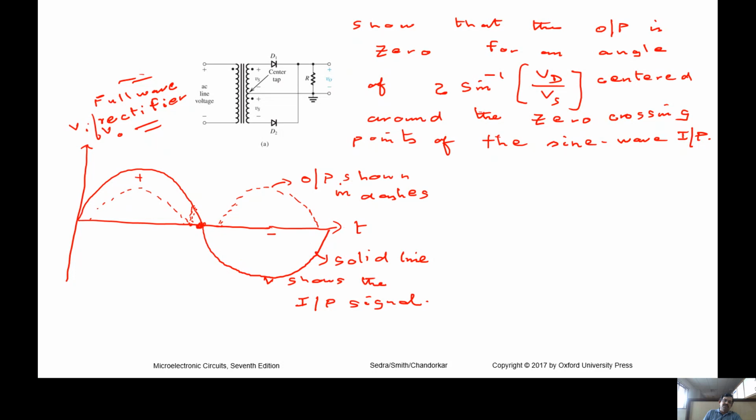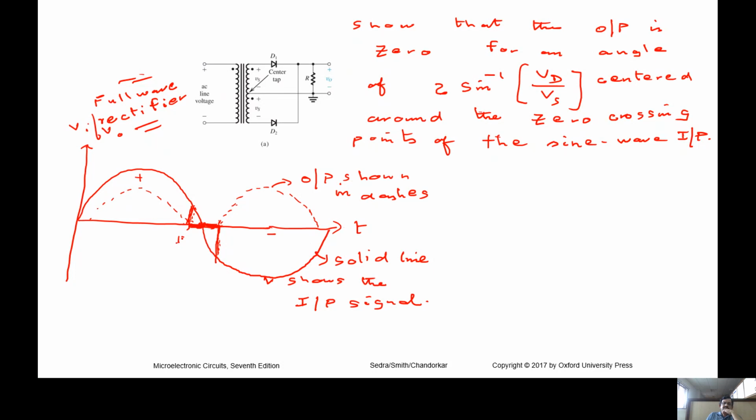So any voltage for the input from this region to this region, the diode does not conduct. Both the diodes are not conducting. Therefore, the output from here to here will be 0.